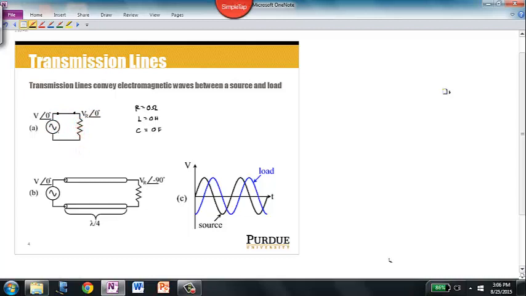So for example, let's consider a 100 volt DC battery with a switch that closes at time t equals 0. And we've got some sort of transmission line that connects us to a 50 ohm load. So again, 100 volts, 50 ohms.